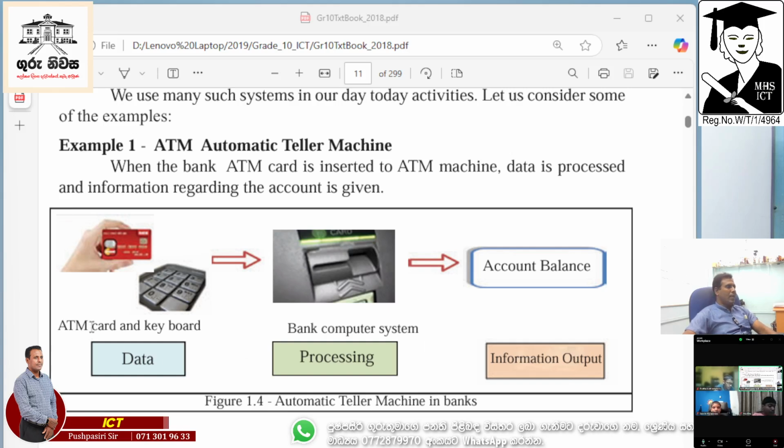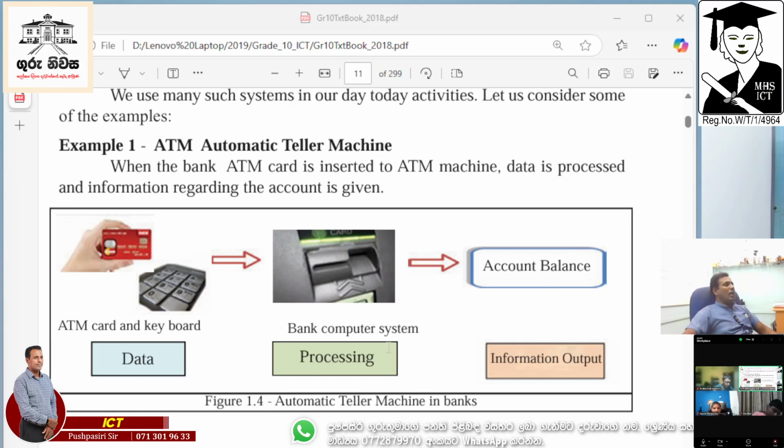What is the data? The ATM card, and what you type using the keyboard. That is data input to the computer system. Then the ATM processes the data we input, and you get the account balance and so on as output information, right?